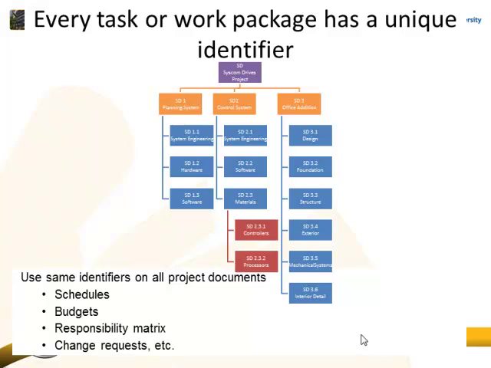Then every task or work package has a unique identifier. So that's just the numbering. Some people like to use letters in their numbering. Some people use just numbers. Some people will have, say, 1 at this level, A at that level, 1A1, whatever.